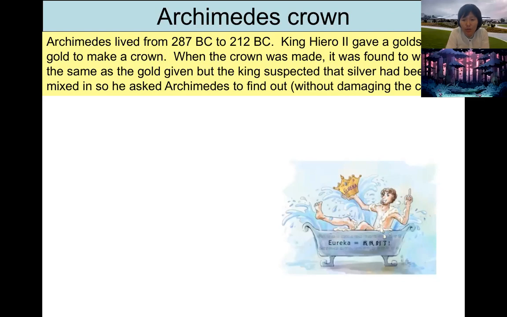Maybe it's not all gold. Maybe that the goldsmiths have taken some of the gold and kept it for themselves. So the king gave Archimedes a task. Can you figure out whether this crown was made of 100% gold, just like the gold I give to him, or is there some other material that's been mixed in? So that is the task, right?